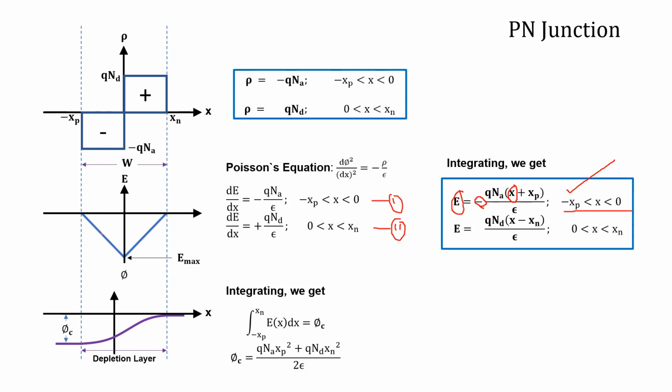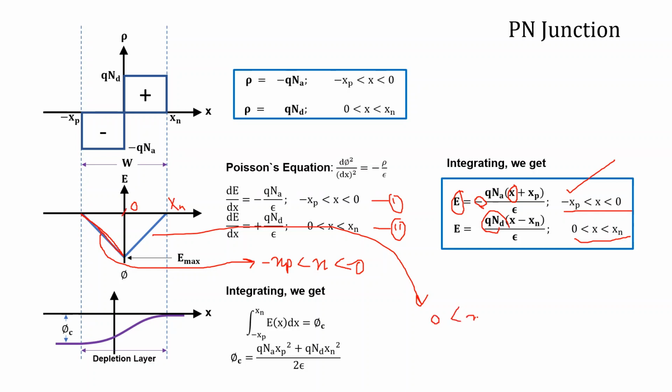So we get this slope in region minus xp to 0. Similarly, from 0 to xn, we get a line with positive slope, so in this region we are getting a positive slope of electric field.